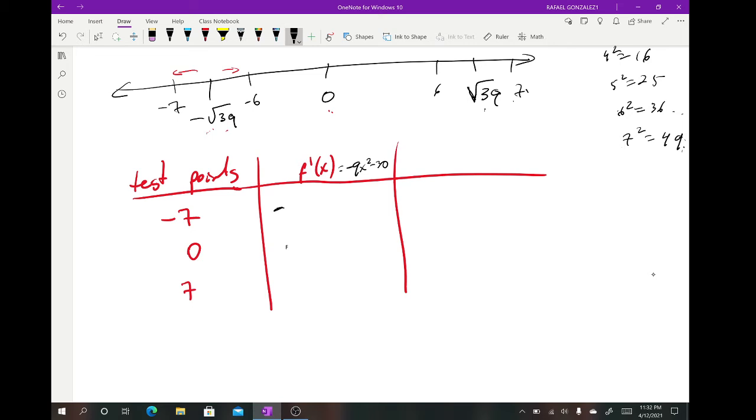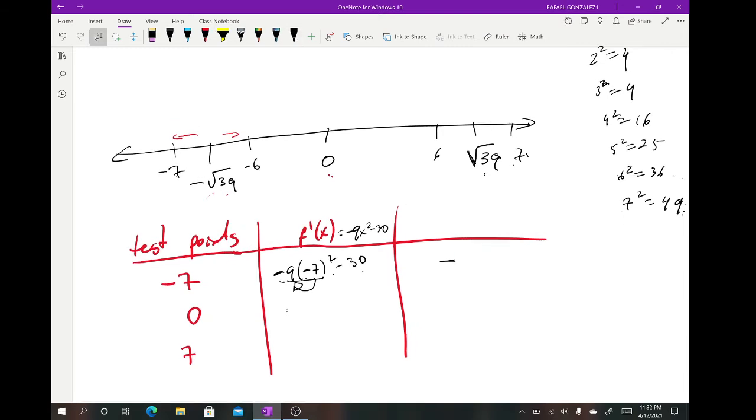So we have here -9 times -7 squared minus 30. Now, here's something that we have to keep in mind. -7 squared is going to be a positive number. You're going to multiply by a negative number. So that means that what you get here is going to be negative.